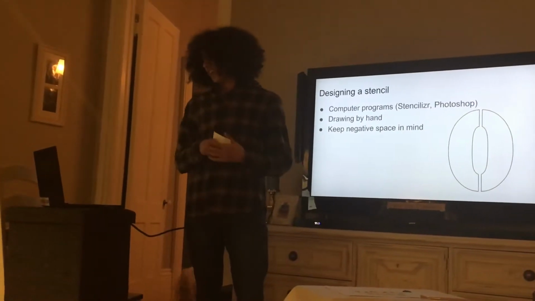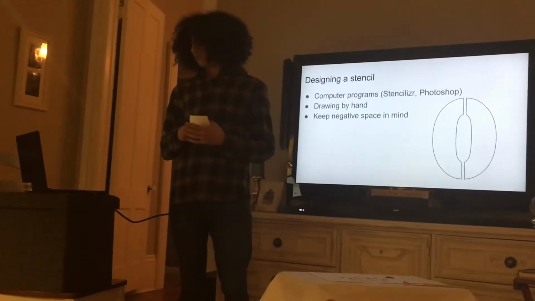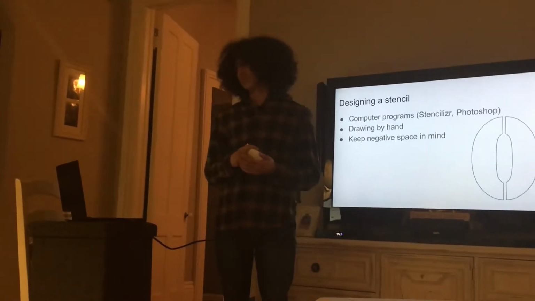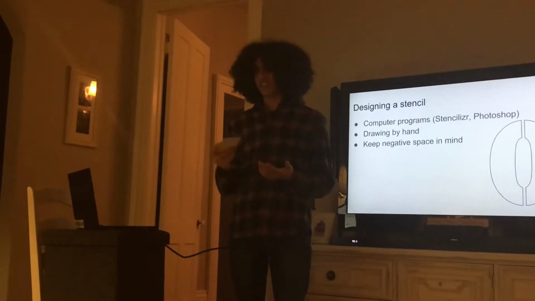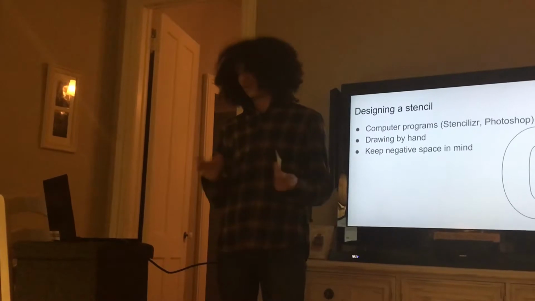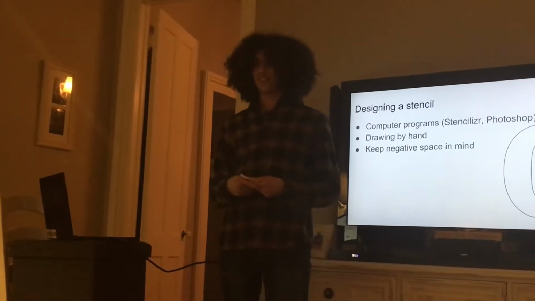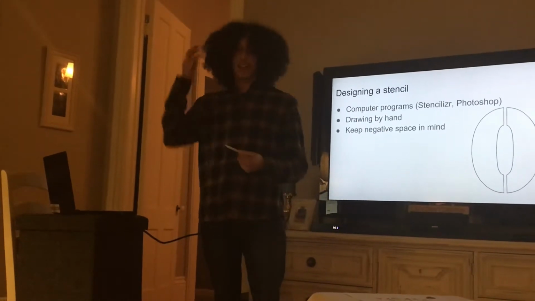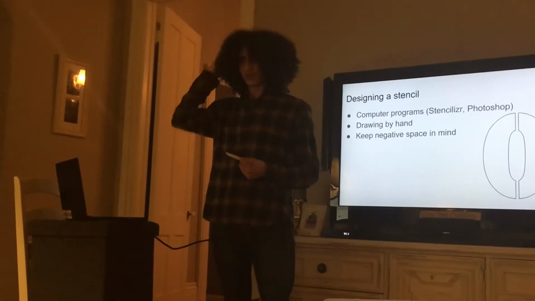Alright, so when you're designing your stencil, there are many ways to do this. You could use computer programs such as Photoshop or Stencilizer, which is a free browser way to make a stencil. My stencil was a simple design, so I just drew it by hand. And like I said earlier, stencils only work with negative space.